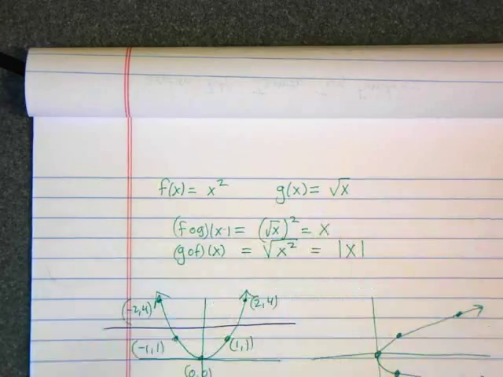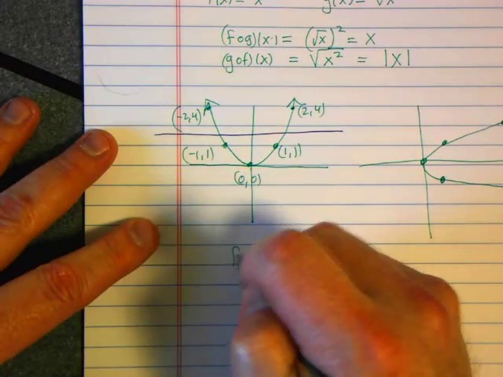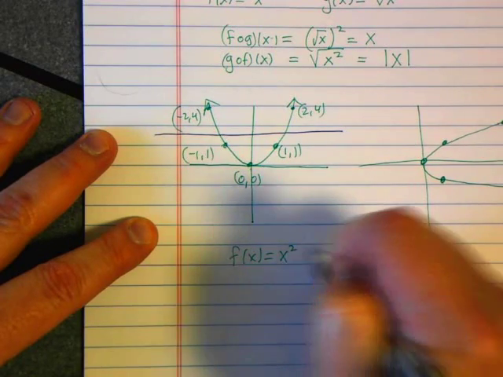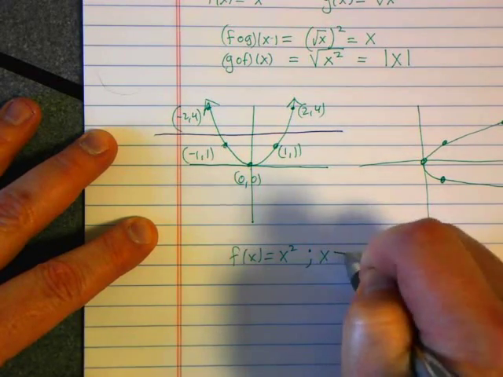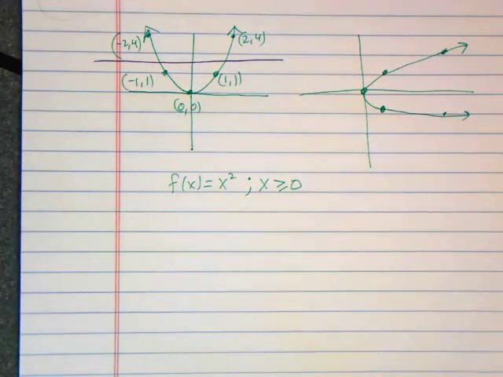So what did we have to do? What we had to do is we had to go f of x equals x squared. And somebody was right. Somebody said you used the negative numbers and that was the problem. You're absolutely right. What we have to do is say, I can only use the positive numbers.